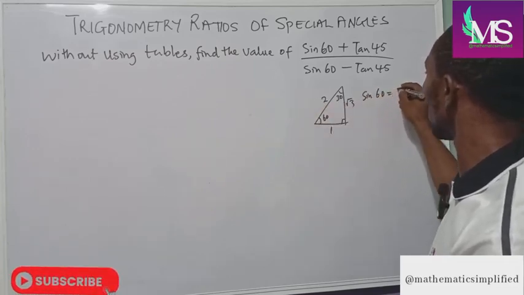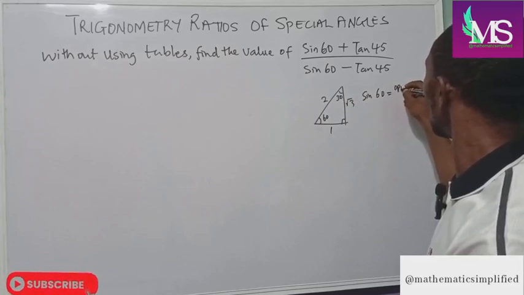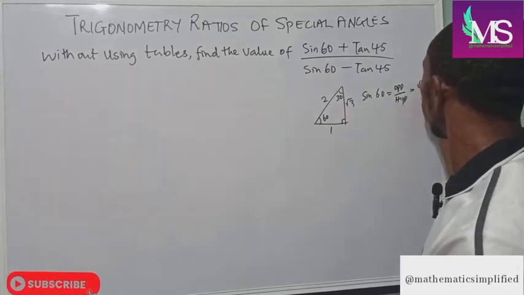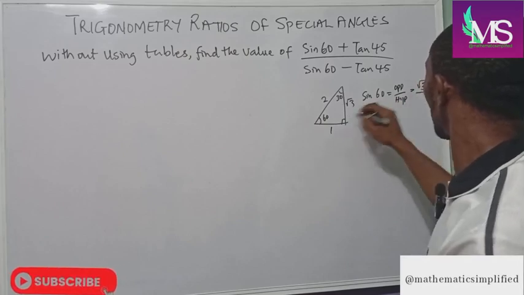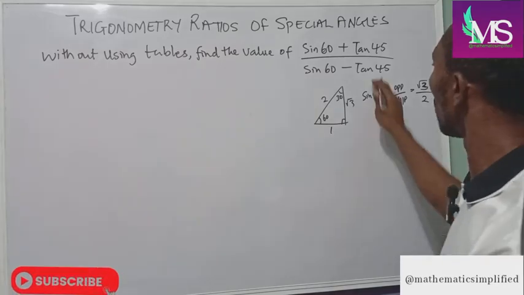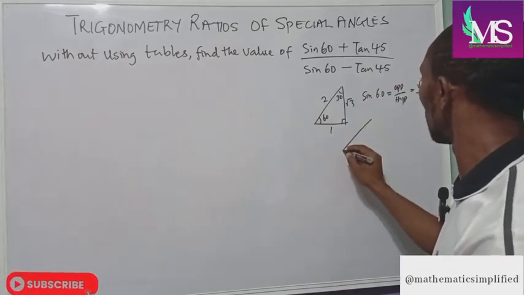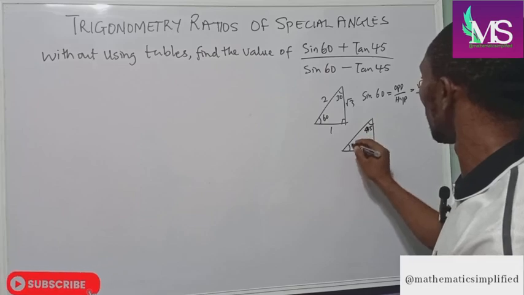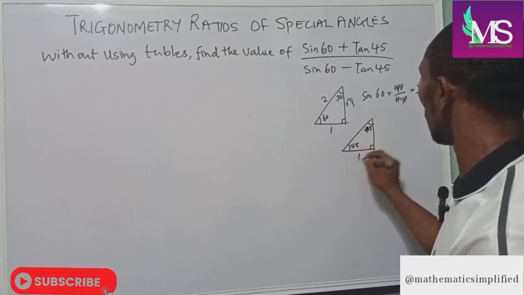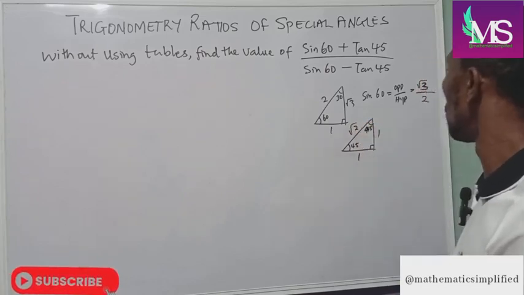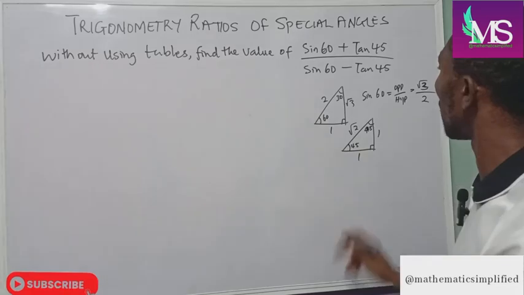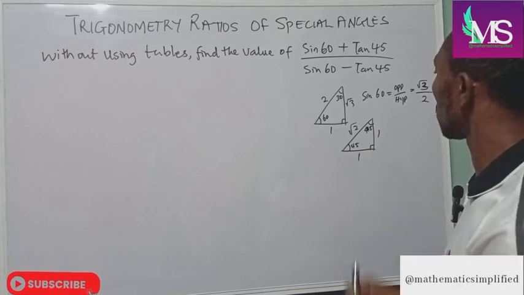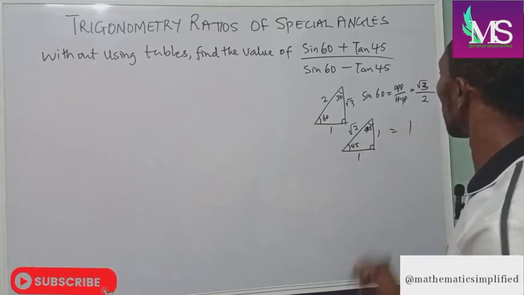Opposite is root 3 over our hypotenuse, which is 2. Now, for tan 45, 1, 1, root 2. Tan 45 is opposite over adjacent. Our opposite is 1, adjacent is 1. So our tan 45 is 1.